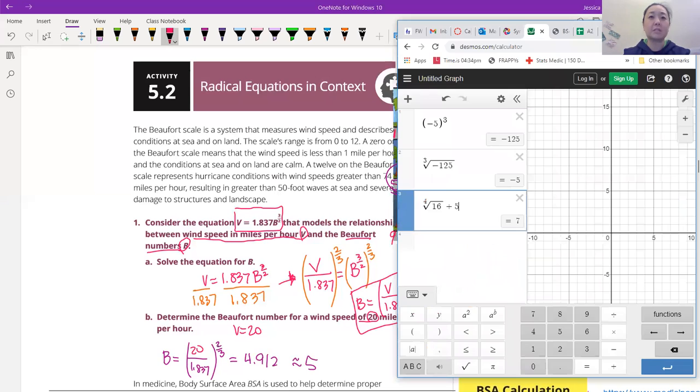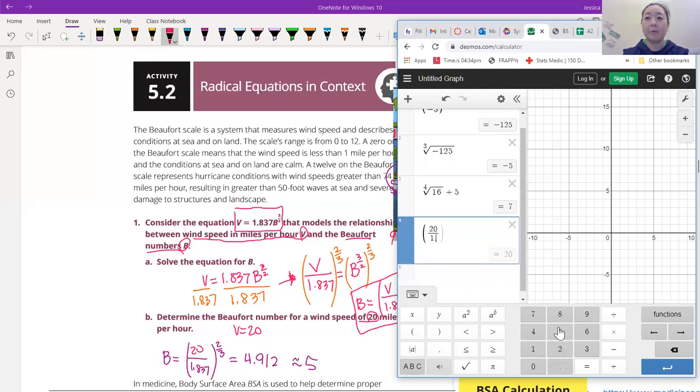You would do this on Desmos or whatever calculator you have. Don't forget your parentheses. We're going to go 20 divided by 1.837. Don't put the end parenthesis here, because then it's going to put that on the bottom and make things more complicated. Then we're going to just click outside. It'll do the parentheses automatically for you, but I just like to push it.